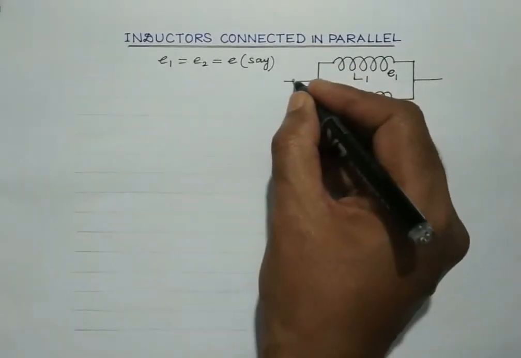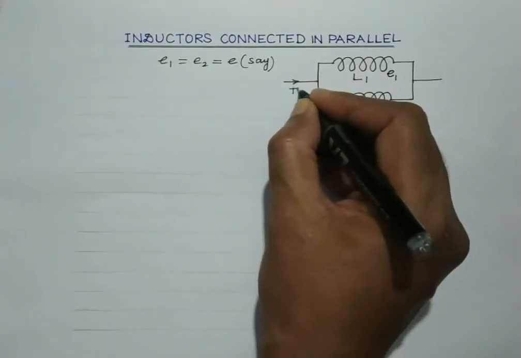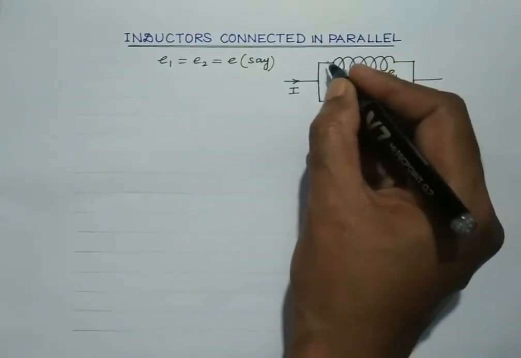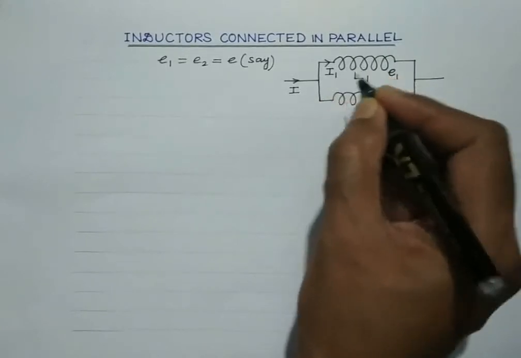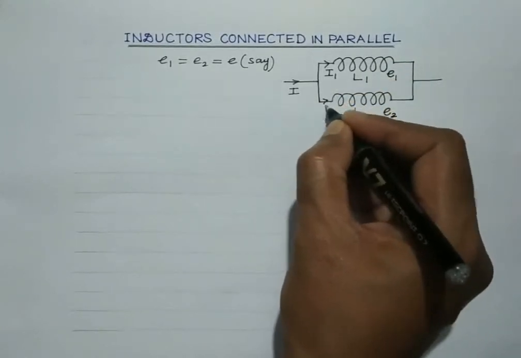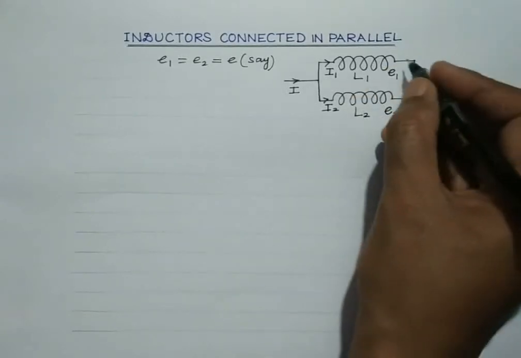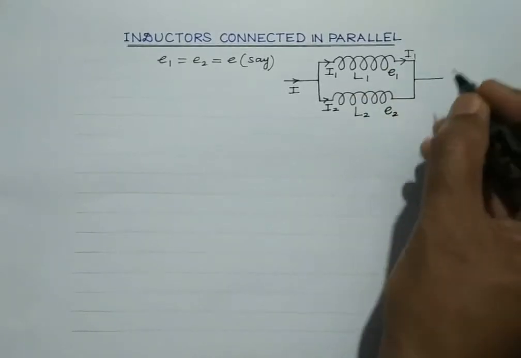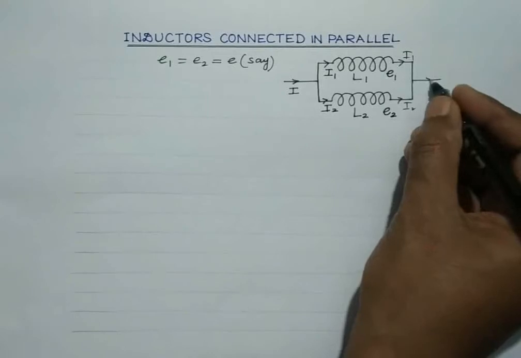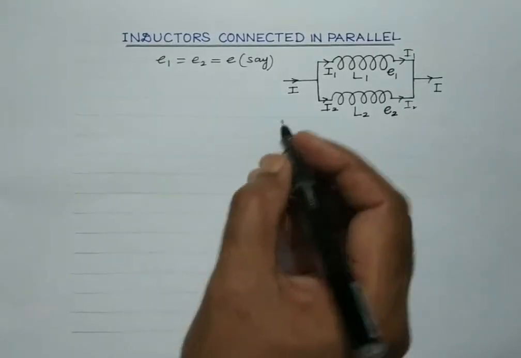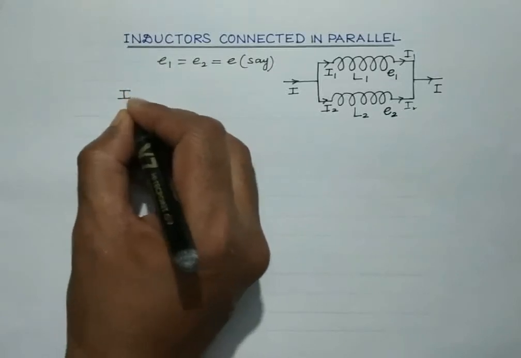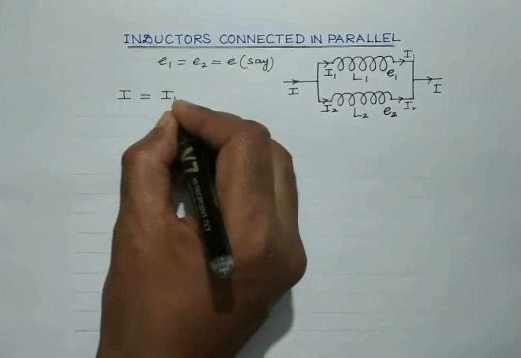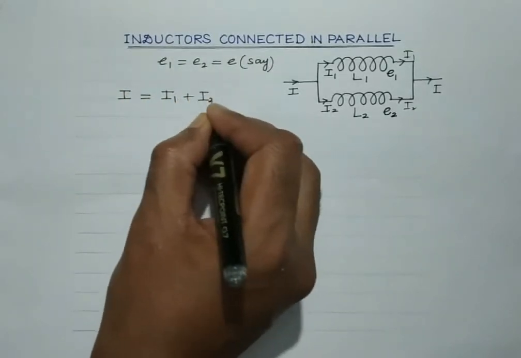So suppose at any instant current I is in the main circuit, and this will act as a junction. The current will get distributed between I1 and I2, between these two branches. This is I1, this is I2, and this is I. So at any instant, using junction rule, the net current I would be given by I1 plus I2.